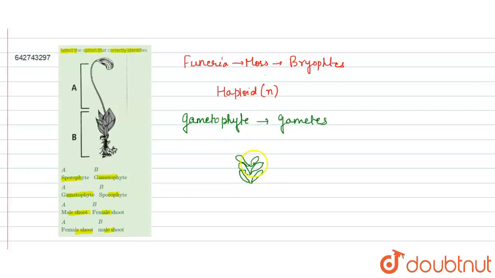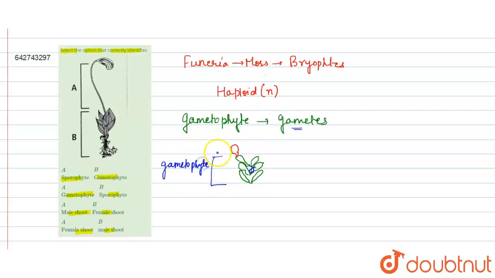So, the green leafy structure is the gametophyte, and it will contain the male structure and also a female structure, which looks like a flask. Since these male and female structures produce the gametes, this structure is known as the gametophyte.